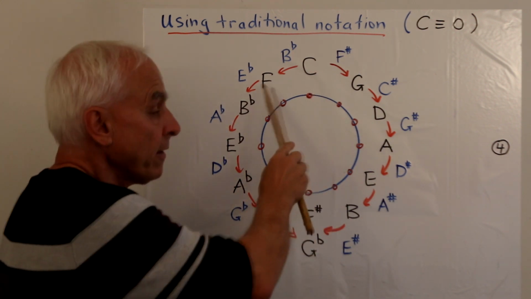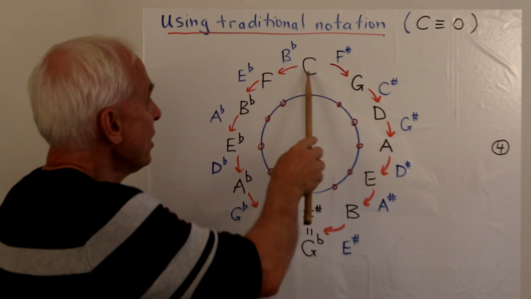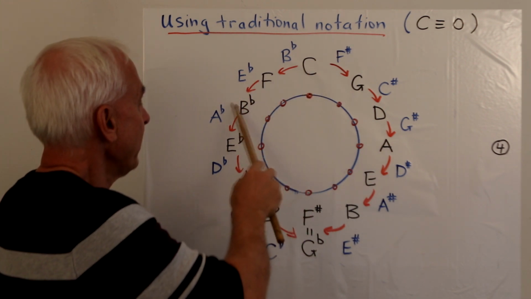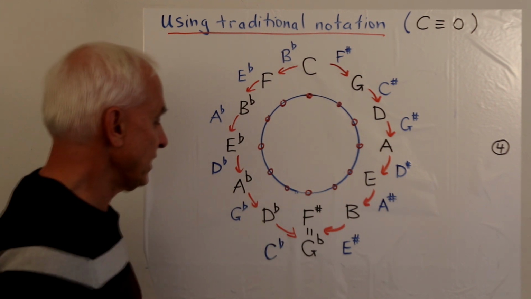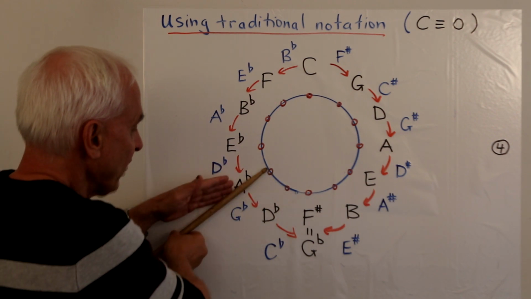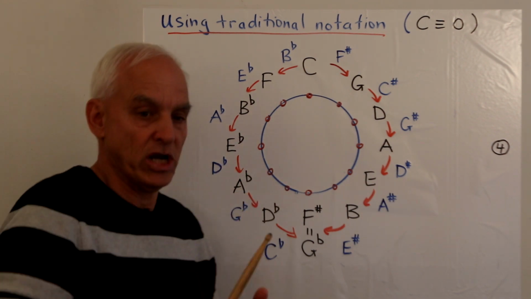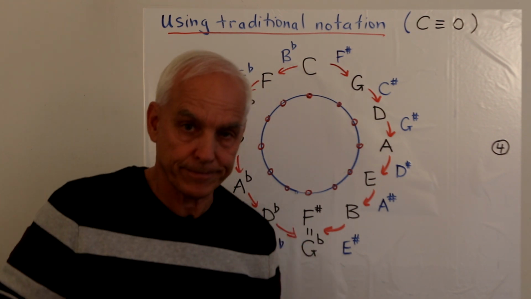So a B flat here, so remember that corresponds to 11, so 11 and then 4, etc. So a B flat and then an E flat, an A flat, a D flat, a G flat, and a C flat. So those are the successive changes that we need to go from one of these scales to the next adjacent scale, which differs from it just by one tone.